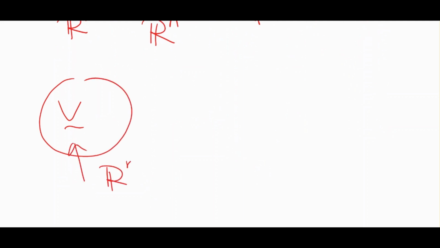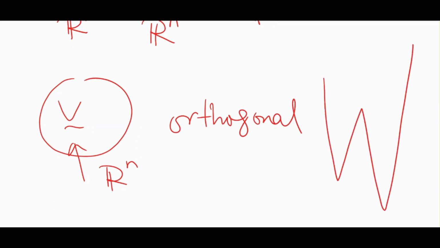We have a vector v in Rn, and we want to talk about what it means for this vector v to be orthogonal not to a vector, but to a vector space W. So what does it mean for vectors to be orthogonal to a vector space W?